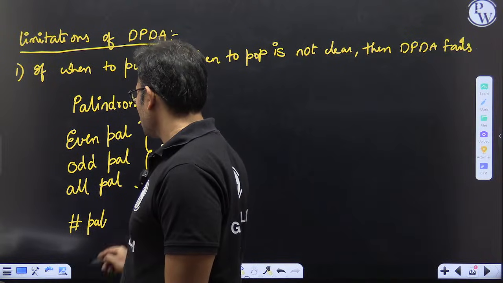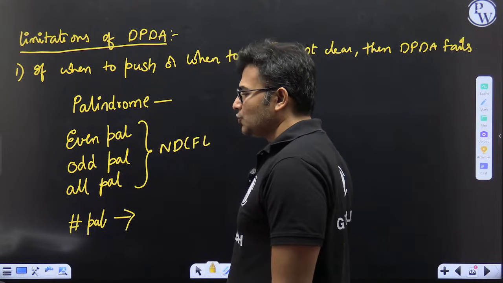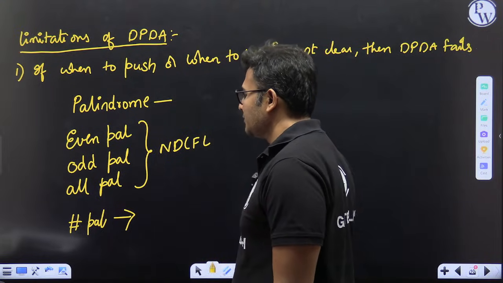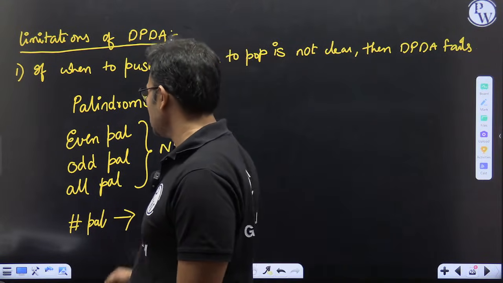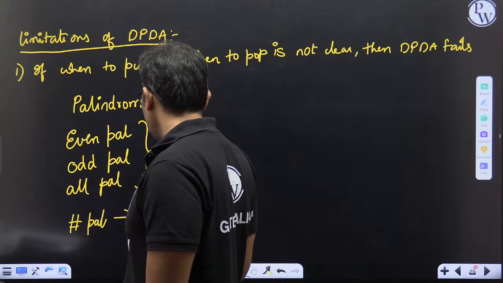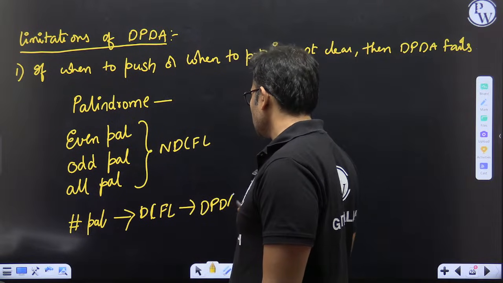In the hash palindrome, we know exactly the center. So till the center we will push, and after the center we will pop, right? So hash palindrome is a deterministic context-free language because a DPDA can accept it.